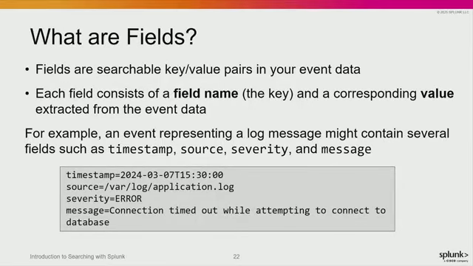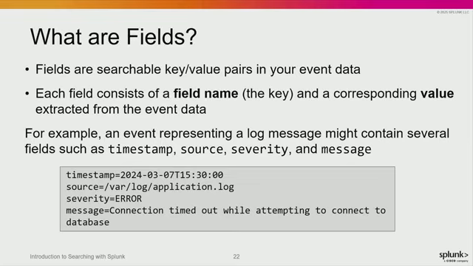If we take a look at our gray rectangle on this slide here, we can see a key value pair with the key being severity. So this would be our field name. And in this particular event, our value is error. Now, it might be error in this particular event, but it's possible in another event we receive when we're looking at another application log file, our severity is just a warning.